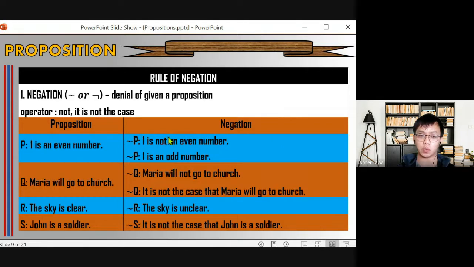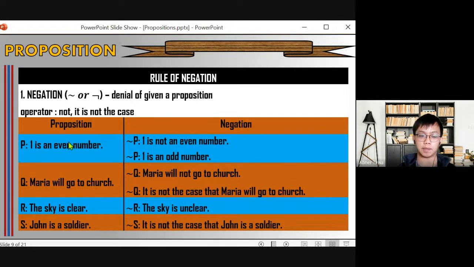Here we have the word not, meaning we deny the given proposition P. The other way of getting the negation is to use the opposite word of even number. The opposite of even numbers are odd numbers, so we can say that 1 is an odd number. And therefore, we use this symbol for not P, as a denial of the proposition P.